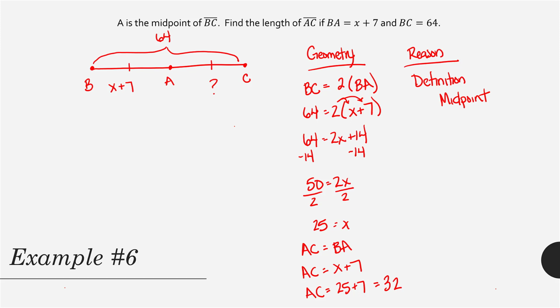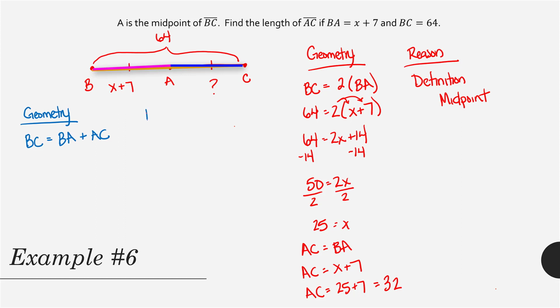Now, I said this was one thing you may have written. You may have also used the segment addition postulate, in which case you would have something that looks like this. The whole segment BC equals BA plus AC.